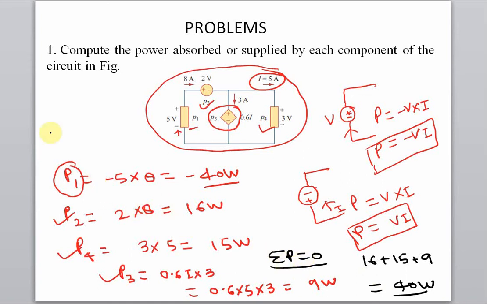And so we can write P1 plus P2 plus P3 plus P4. We have P1 equals minus 40 watt, and the addition of P2 plus P3 plus P4 is 40 watt, so it will be equal to 0 watt.